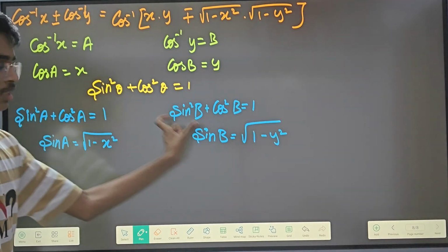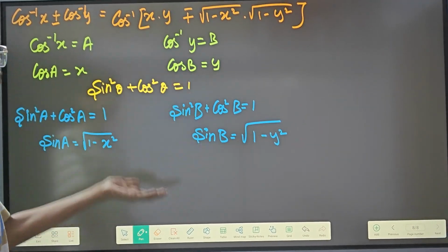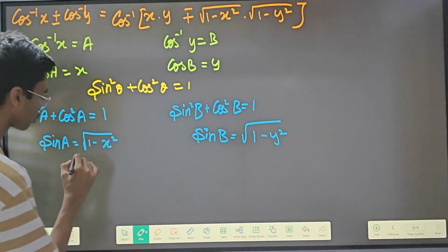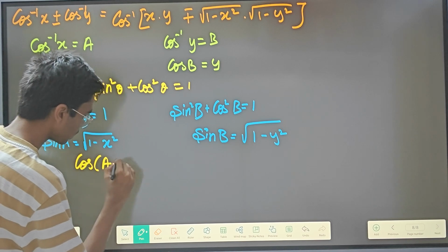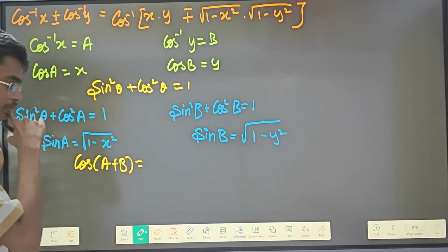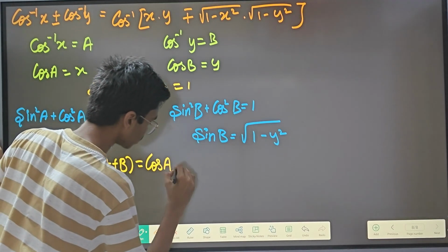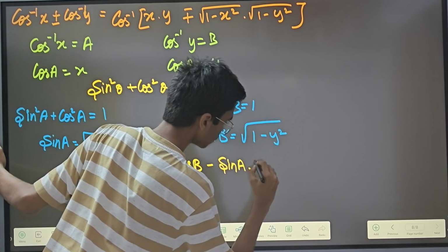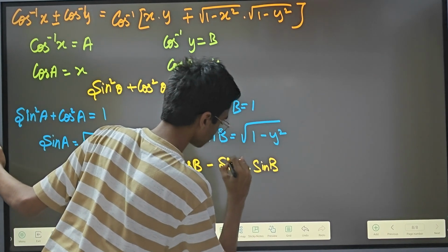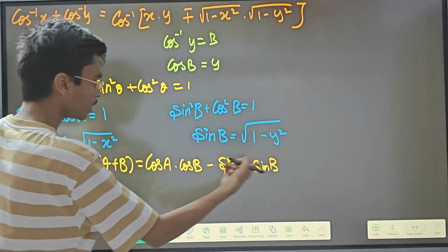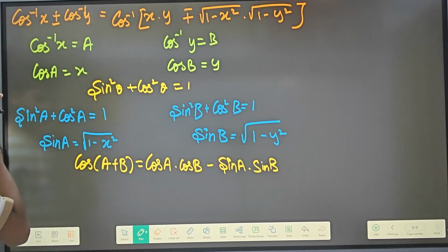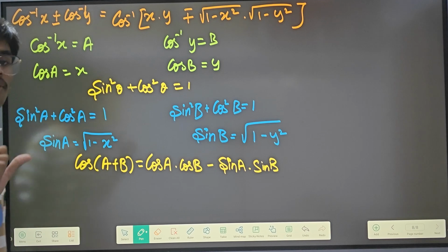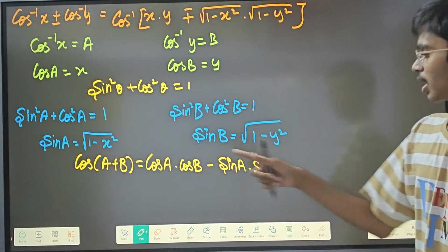Okay, so you have got sine A, sine B, cos A, cos B. All you have to do is give input to the formula I mentioned in the very beginning. Cos of A plus B is equal to cos A dot cos B minus sine A dot sine B. First you give input, then we will do the reciprocal, and then multiply the total equation with cos inverse.